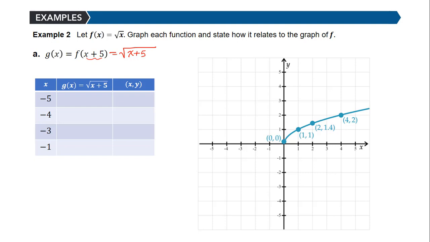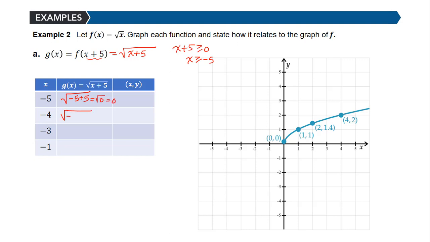Now the domain of this function, remember, is that x plus 5 has to be greater than or equal to 0, or x is greater than or equal to negative 5. So my x values that I can plug into this function have to be -5 or larger. When I find g of -5, I get the square root of -5 plus 5, which is the square root of 0, or 0.